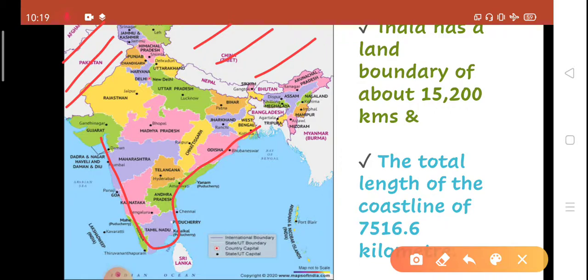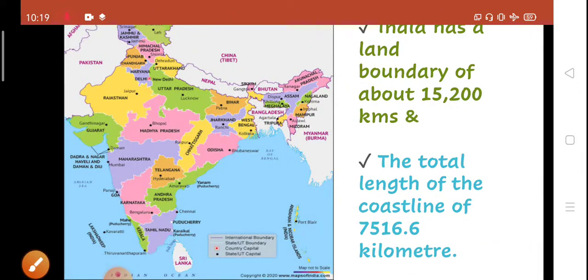A peninsula is any region that is surrounded by water from three sides. So this is called the Deccan Peninsula region because it is surrounded by water from all three sides: by the Arabian Sea on the west, the Bay of Bengal on the east, and the Indian Ocean on the south.